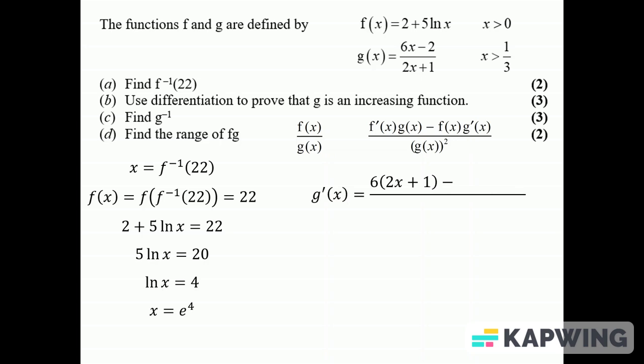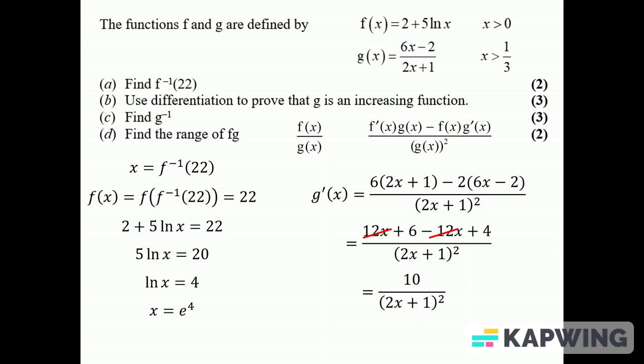The other way around, the bottom differentiated times the top, all over the bottom squared. If I multiply those brackets out, I can cancel out those 12x's. So I'm just left with 10 over (2x plus 1) squared. I've got a positive number over a positive number. Anything squared is positive, so that's greater than 0. So it is indeed an increasing function.